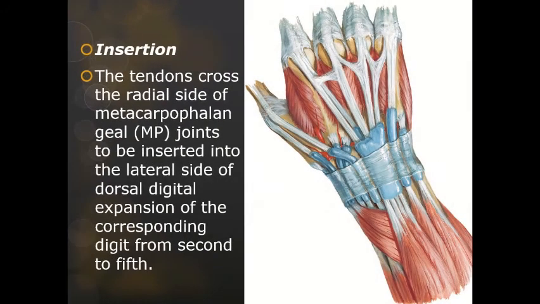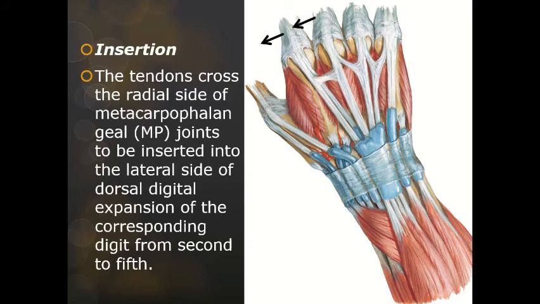Then coming to the insertion of the lumbricals, the tendons cross the radial side of the metacarpophalangeal joints to be inserted into the lateral side of the dorsal digital expansion of the corresponding digit from second to the fifth digits. So here you can see that they are running laterally to meet the dorsal digital expansion.